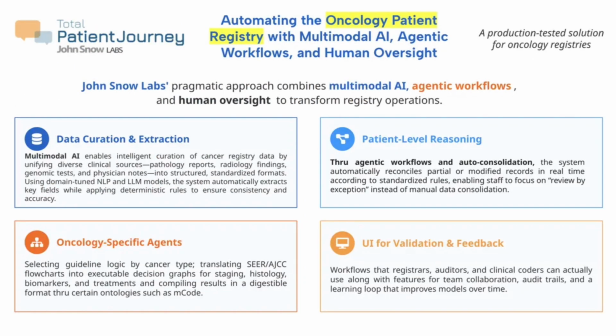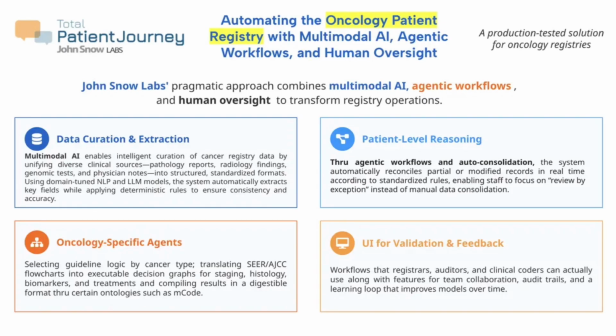So let's talk about how we are tackling this at Johnson Labs. Here we build a production-tested approach that combines multimodal AI, agentic workflows for certain stages, and a human-in-the-loop system. Our system basically does four main things. At the first layer, we extract the data from all clinical sources.